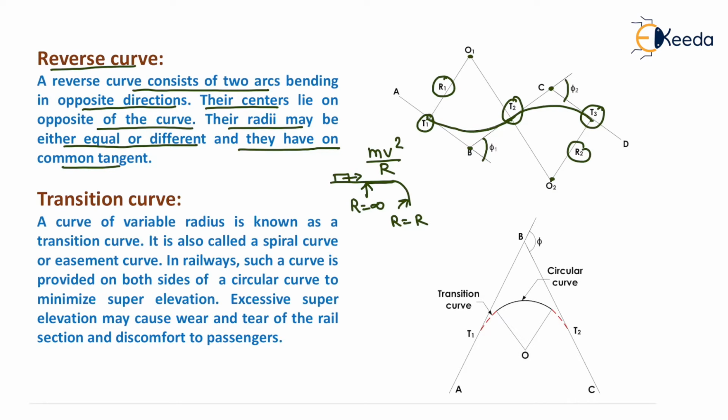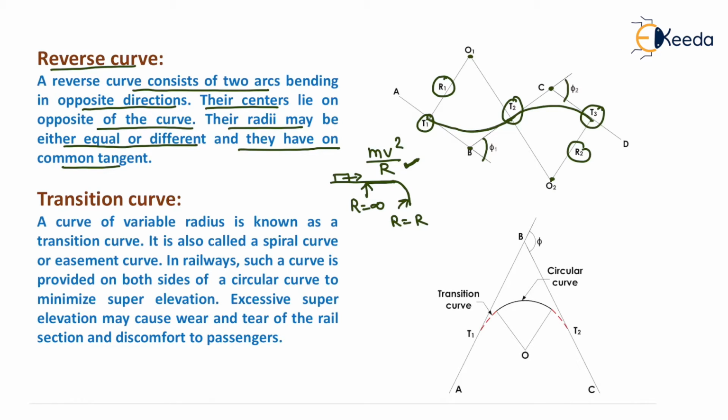Now if we suddenly provide a curve at the end of the road, then we suddenly introduce the radius equal to r. So centrifugal force will suddenly increase from 0 to a higher magnitude and the overturning of the vehicle will take place.